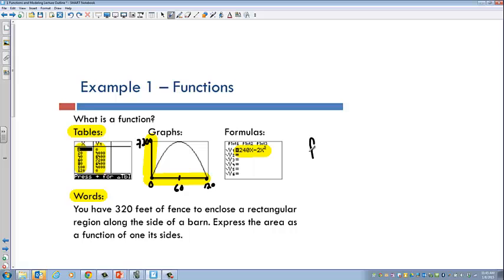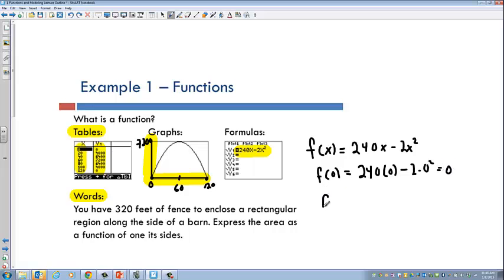The formula we like to write as f of x. This is functional notation, which we'll talk about in a little bit. And we can write this as f of x equals 240x minus 2x squared. You'll notice if we plug in 0, f of 0 is equal to 240, and wherever you see an x you put a 0, so times 0 minus 2 times 0 squared, which will give you 0.